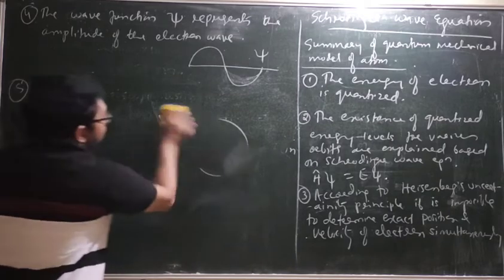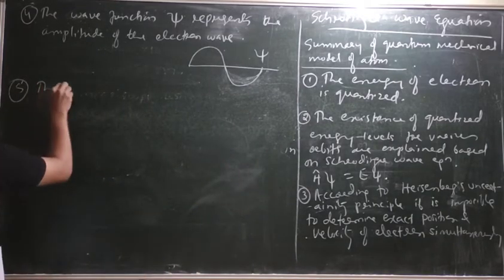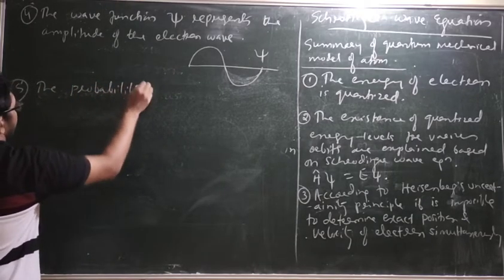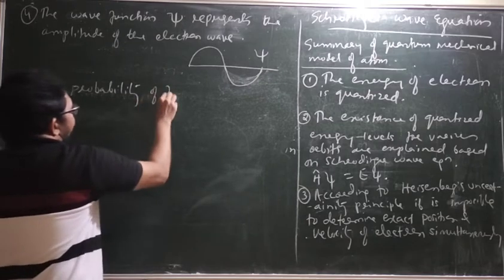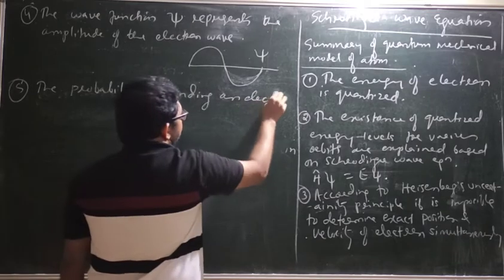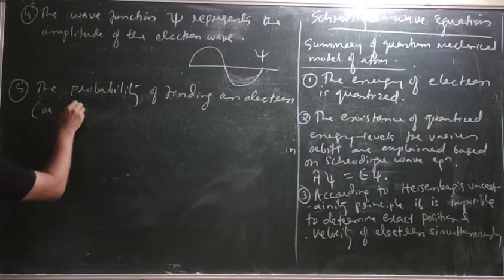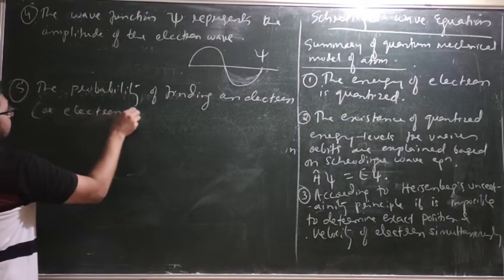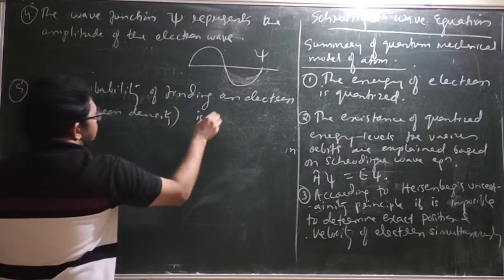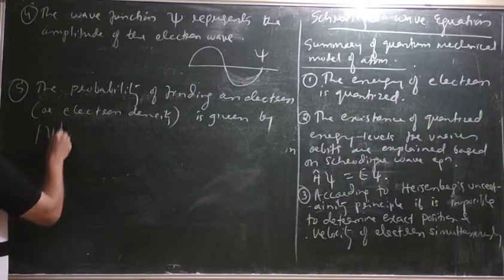So the next point I write is: the probability of finding an electron, or it is also called electron density, is given by modulus of psi square.